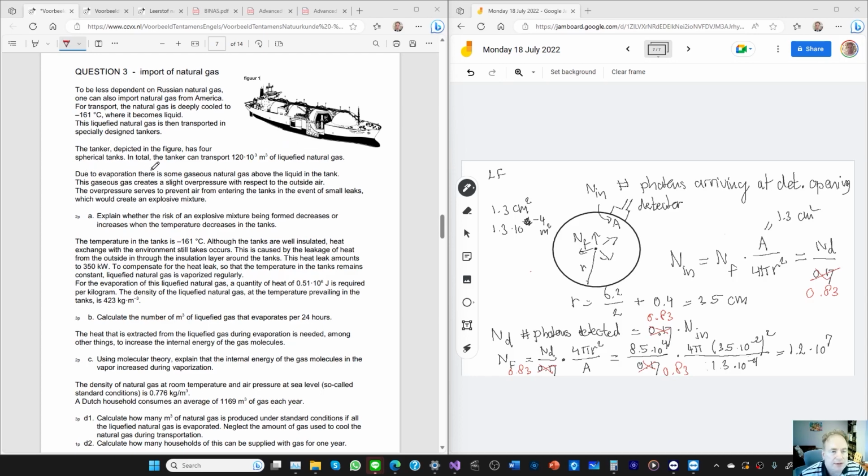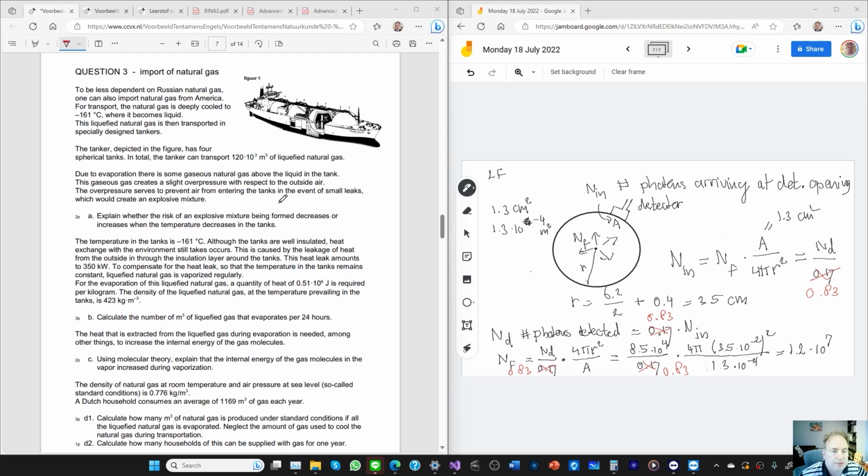And due to evaporation, there is some gaseous natural gas above the liquid in the tank. This can create slight overpressure with respect to the outside air. And this overpressure serves to prevent air from entering the tanks in the event of small leaks, which would create an explosive mixture.